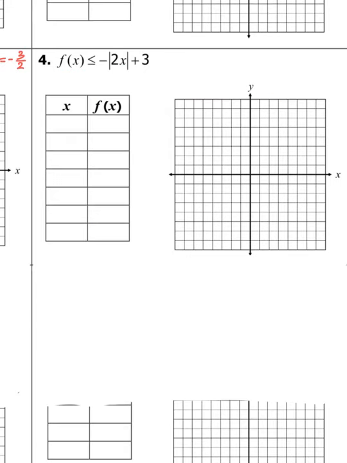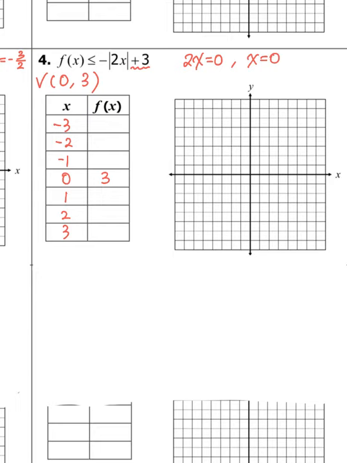Let's try one more example, number 4. So let's find the vertex first. So 2x equals 0, so x is 0. And our y value for the vertex will be 3. So the vertex is (0, 3). Going to the middle. And I'm going to put negative 1, negative 2, negative 3, 1, 2, 3.